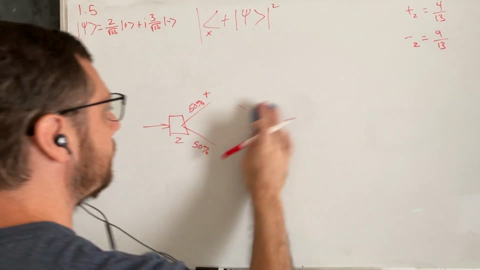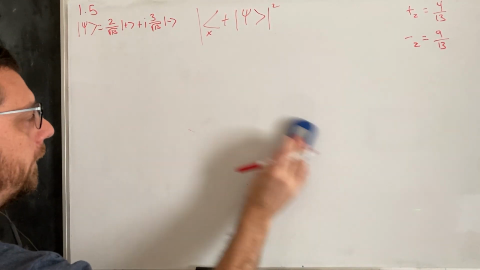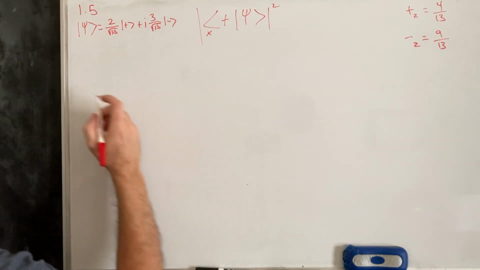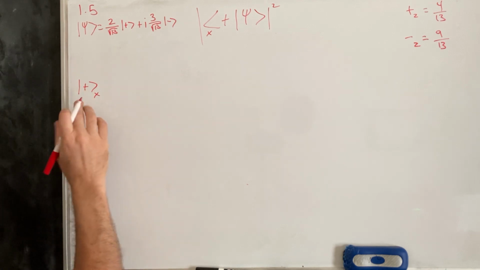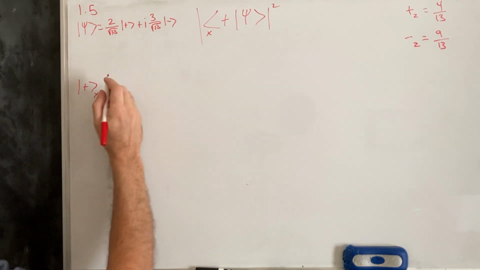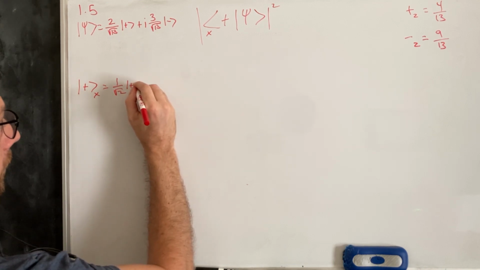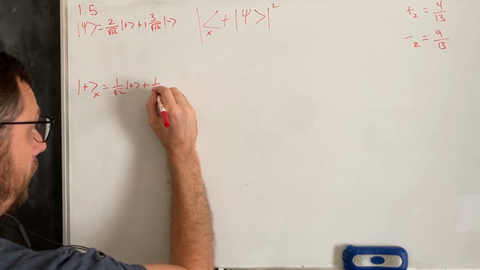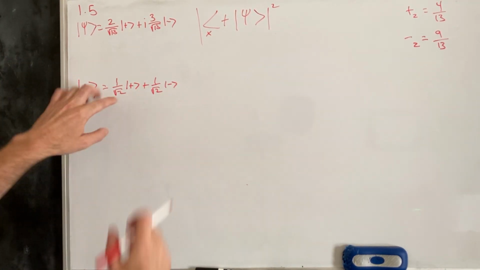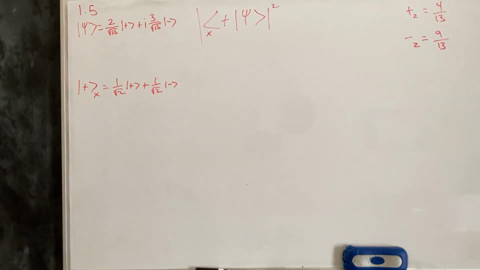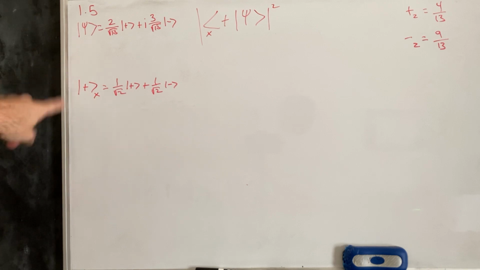So that's what the experiment showed, and the ket to show that is the up state in the x direction is represented by 1 over root 2 up plus 1 over root 2 down. So if you square each of these, you get 1/2 up and 1/2 down. That's the probabilities that you'd read up or down.